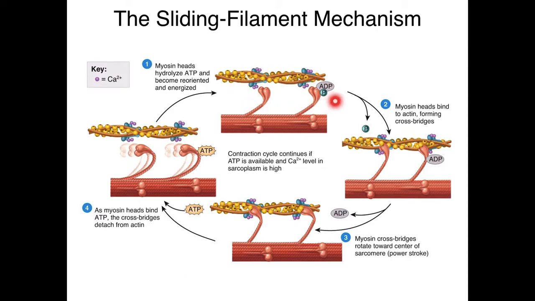Myosin starts off bound to ADP, and when it is bound to ADP and phosphorus, it can bind these handholds. Boom. Here in step 2, we've bound those handholds. When it binds the handholds, it lets go of the phosphorus.